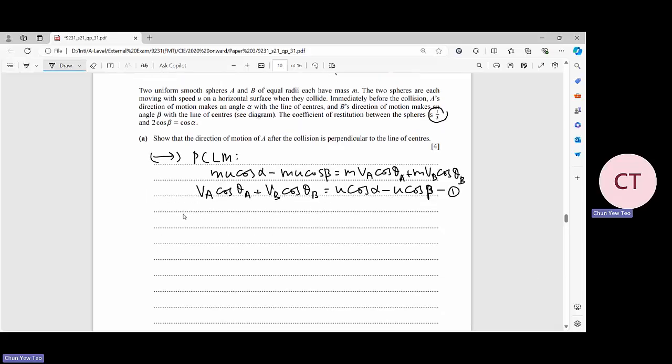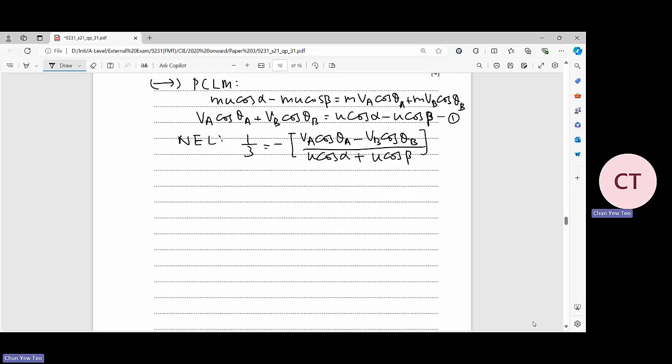Then after that, we can consider the NEL, Newton's experimental law, which says that 1/3 is equal to the negative of VA cos theta A minus VB cos theta B, divided by U cos alpha plus U cos beta.